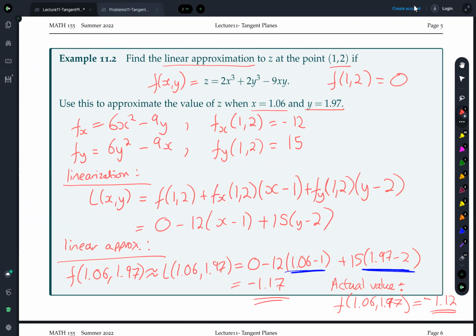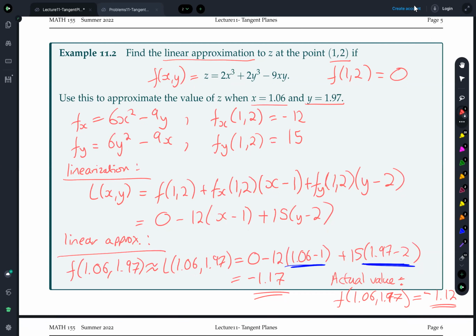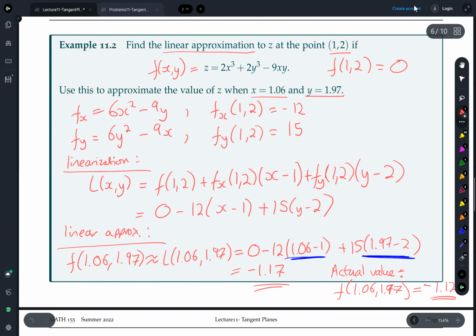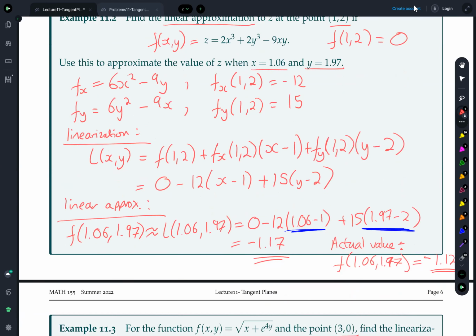Of course, you could just put those values into the function. This is a very simple example, and if you've got a calculator in front of you, you could just do that. You might not have a calculator, or it might be much more complicated. So we go through the process of creating the linearization just described, and then work out our linear approximation.